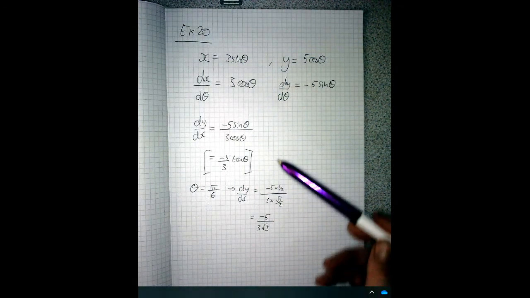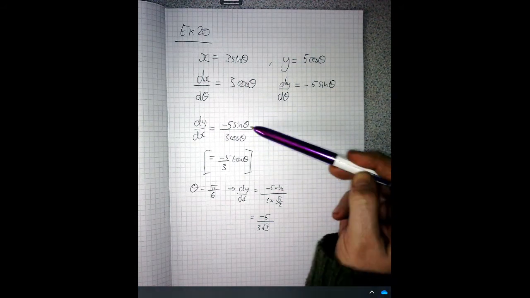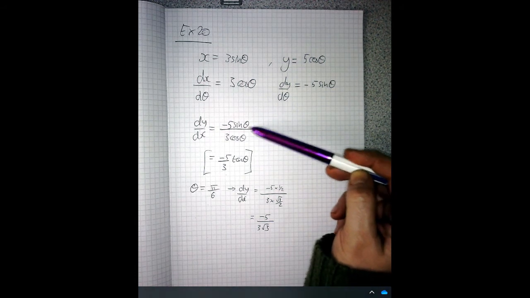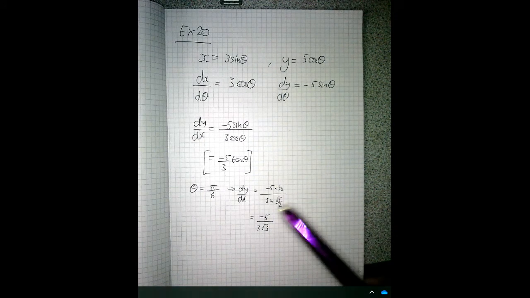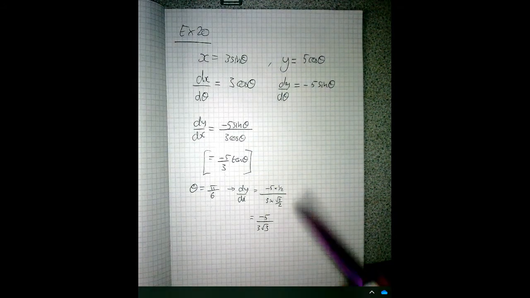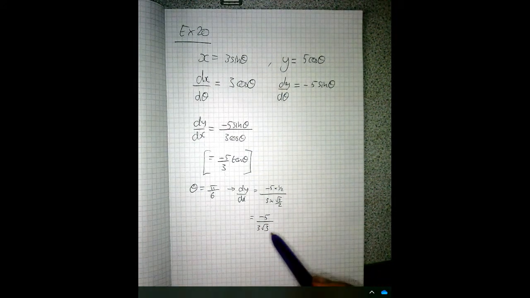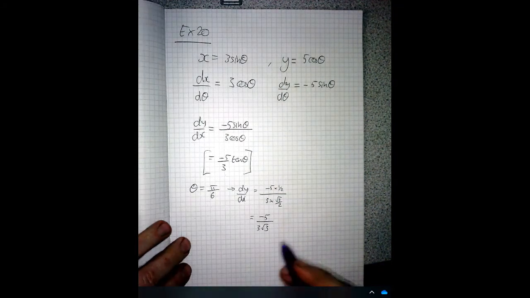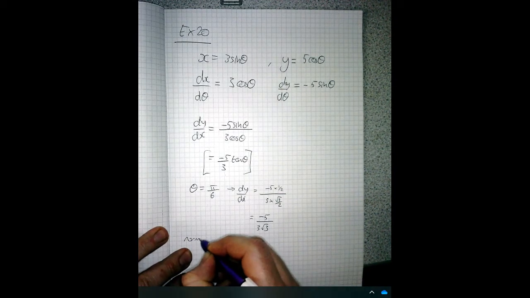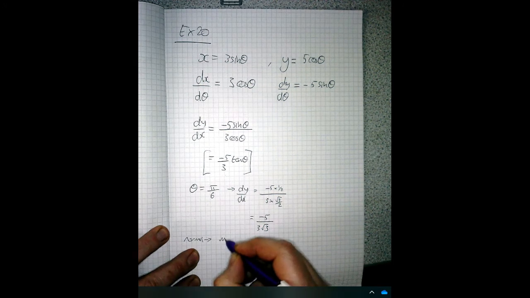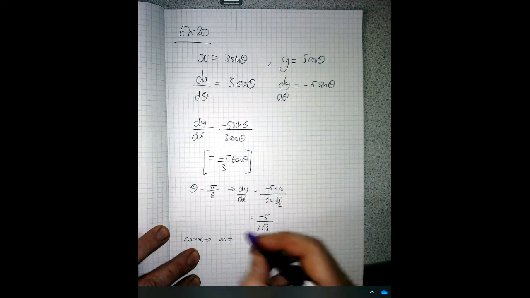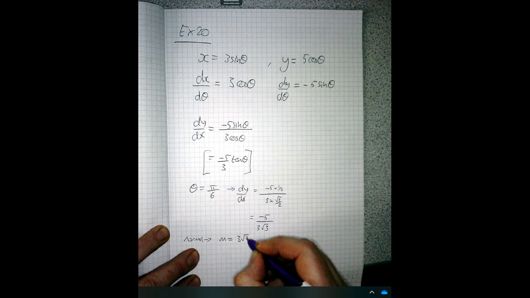Now clearly, in my head, what I did was sub into either of those, but of course you could equally sub into the tan expression and you're going to get the same thing. So that's the gradient. I want the normal, so my gradient is the negative reciprocal, 3 root 3 over 5.